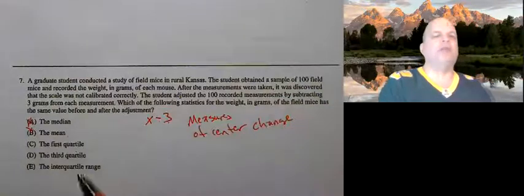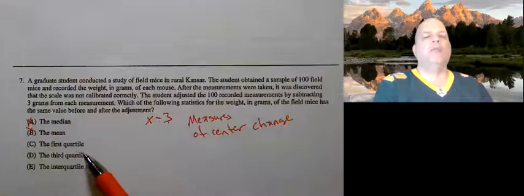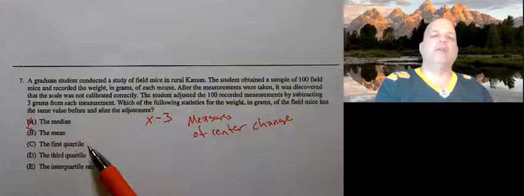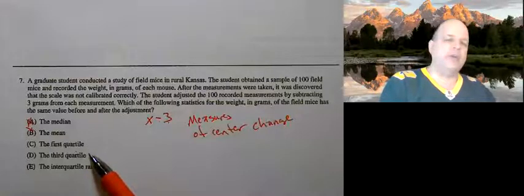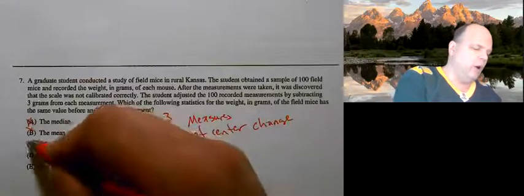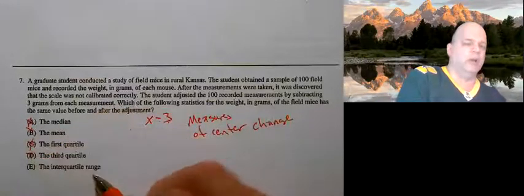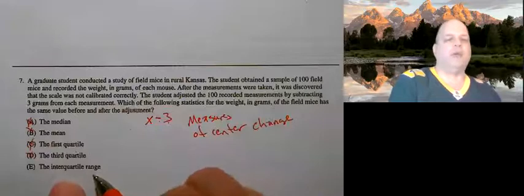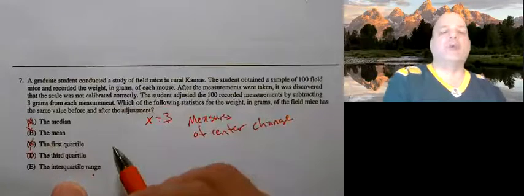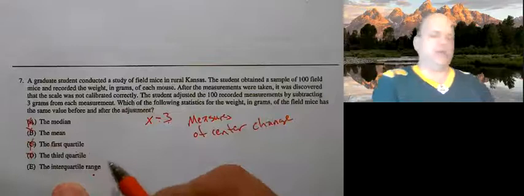Just from a logical standpoint, will the value of the first quartile change? And the answer is yes, it's going to go down by 3, as will the third quartile. And sure enough, we have the interquartile range, and the interquartile range will not change.